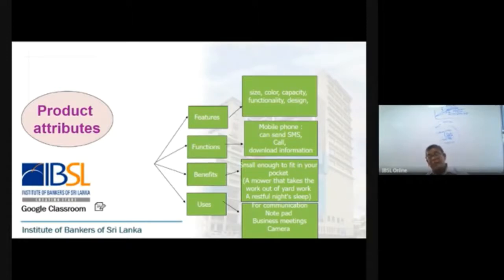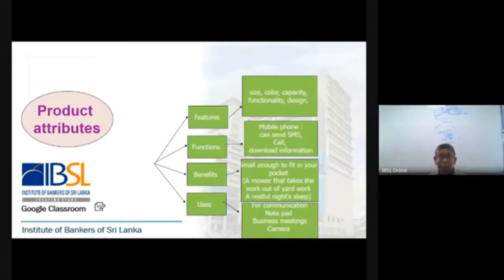Features, you look at it. As explained, you look at functionality, design, color, capacity, memory 16 gigabyte size and all. Then you look at the functions of the mobile phone. It can send you SMS, can call, download information, photos, all things.